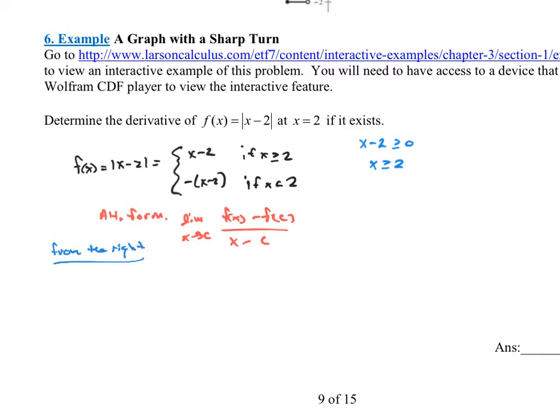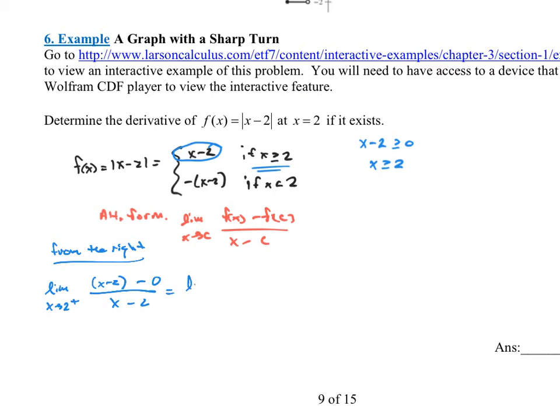So what we're doing is looking at the limit as x approaches 2 from the right, and notice from the right we'd be talking about greater than or equal to 2, so we'd be using the function x minus 2. So this would be f of x, which would be x minus 2, minus f of 2, which would be the absolute value of 2 minus 2, which is 0, all over x minus 2.